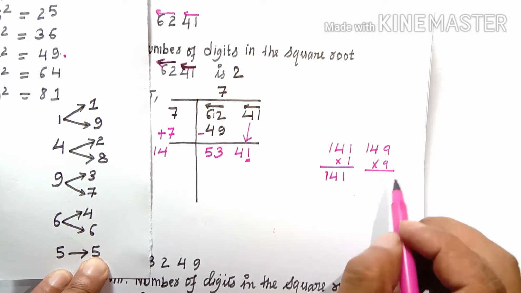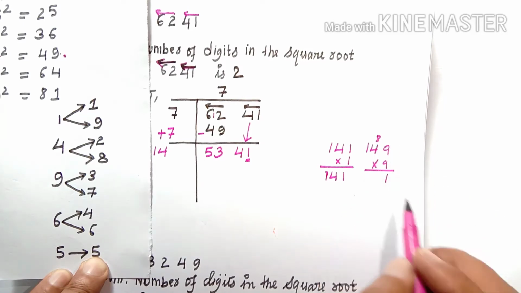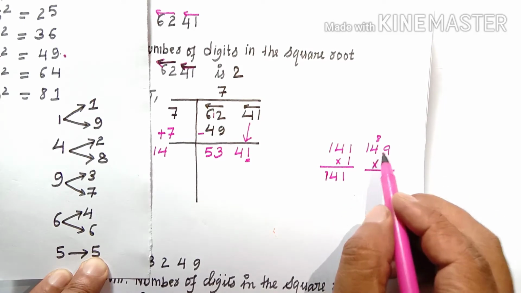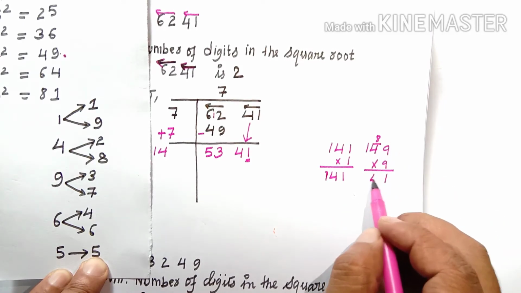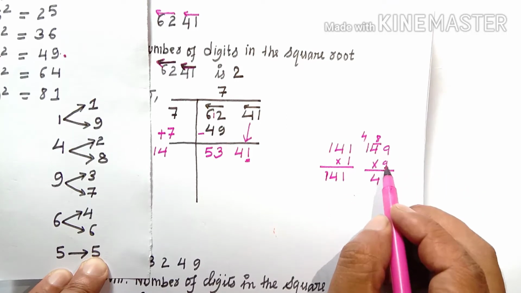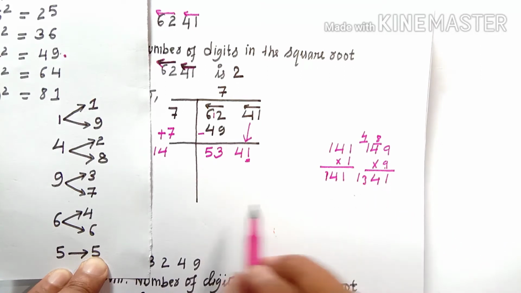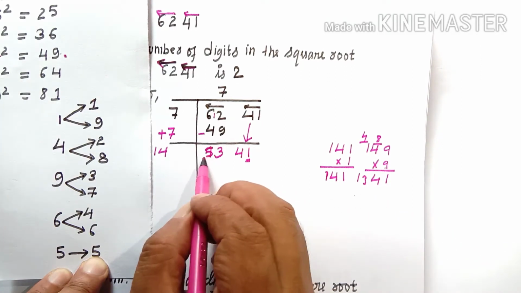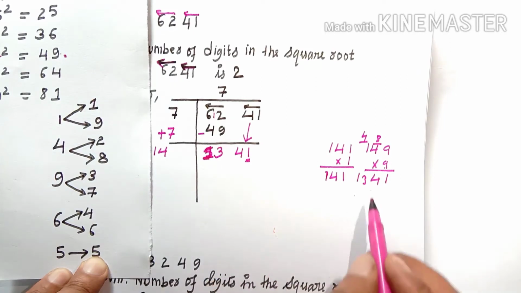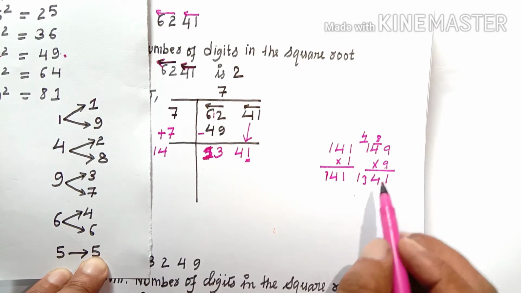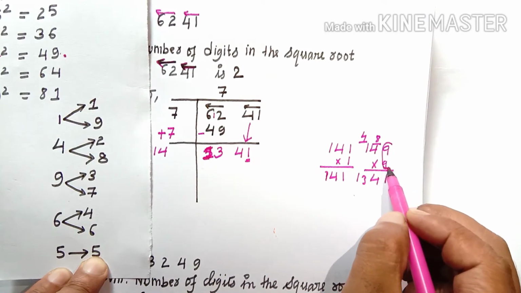9 nines are 81, 8 in hand. 9 fours are 36 plus 8 is 44. So 4 in hand. 9 ones are 9 plus this equals 13. So now here only 1 in hand will be there. So exactly 1341. So I took the number 9.